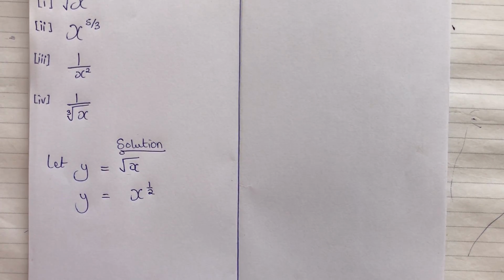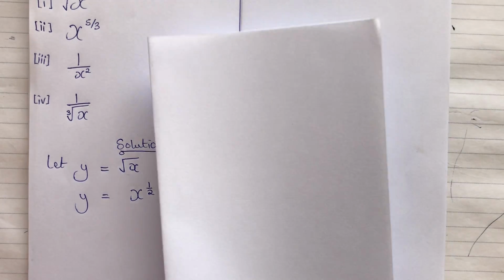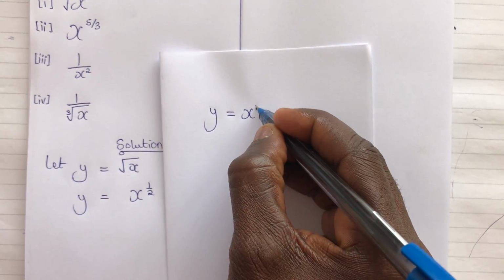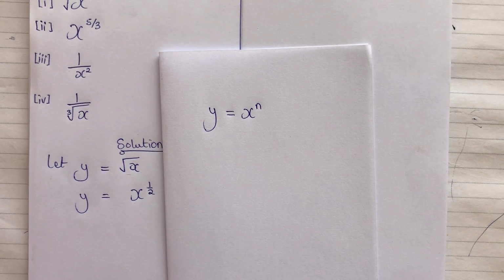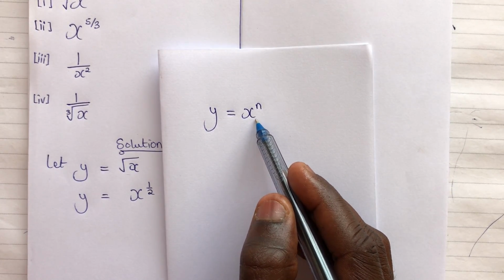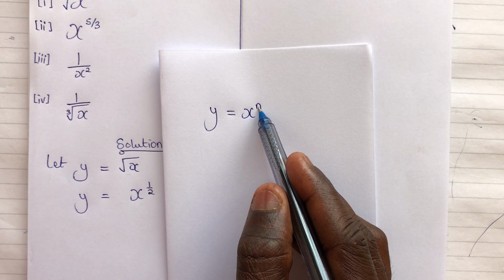Now, for differentiation, we can apply the power rule. The power rule says that if I have a function y equal to x to power n, I have already explained this in the introduction video like I said. You have to look at that one. Now, this is a function in terms of the variable x, so n here is an exponent.